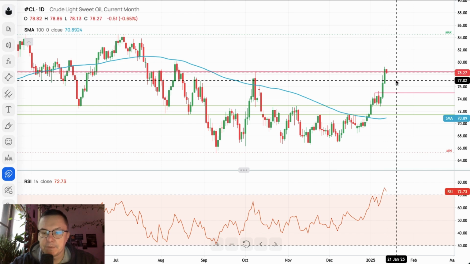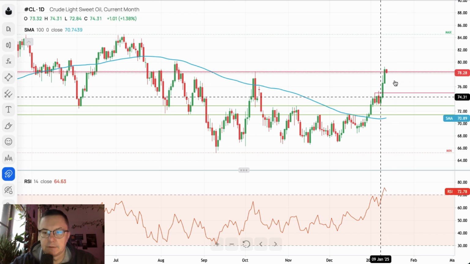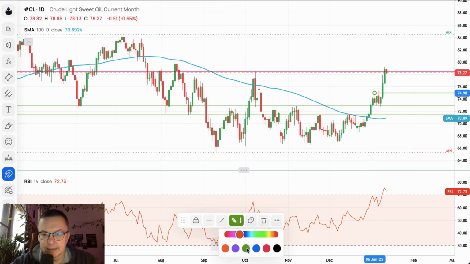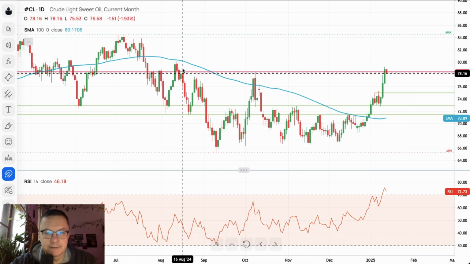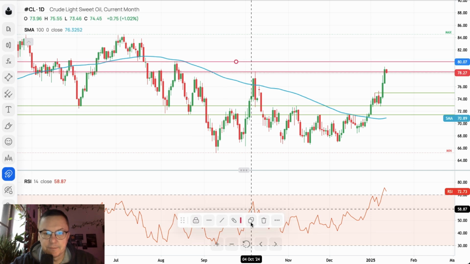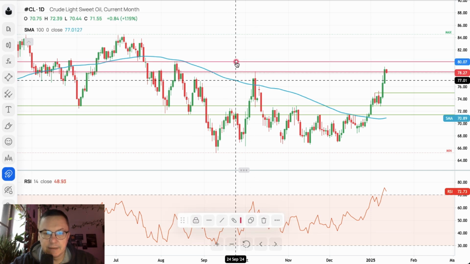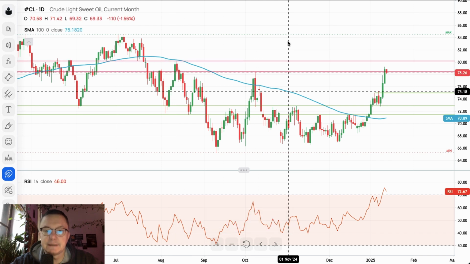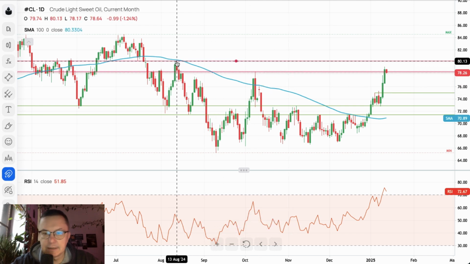So maybe it's time to do some kind of a pullback. The level of 75 will now act as the technical support, and there is definitely some kind of an interest of the bulls to hit the level of 80.07 because this is the next local swing high.